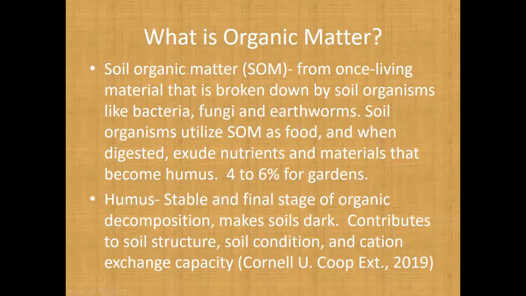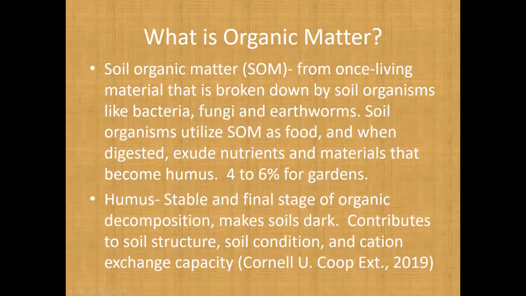Soil organic matter is comprised of once living material that is broken down or in the process of being broken down by soil organisms like bacteria, fungi, nematodes, actinomycetes, which are another kind of bacteria, oomycetes, and amoebas. All of these different microbes are working on processing organic matter, and even themselves are turning into that organic matter.